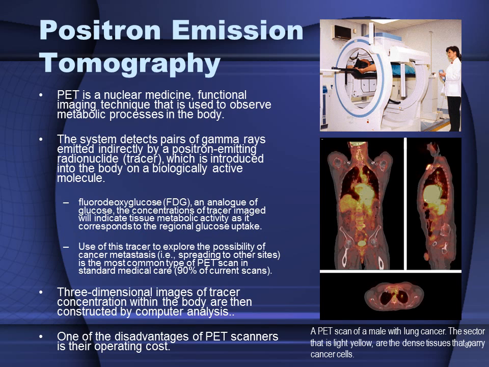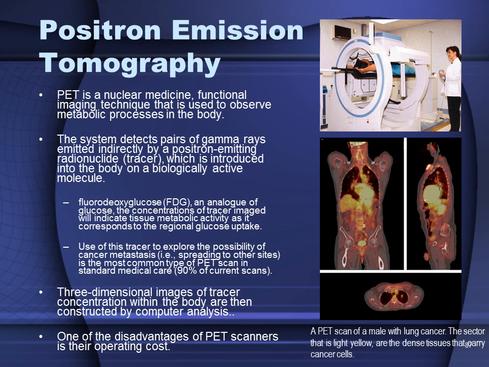Here are some images obtained from a PET scan of a male patient with lung cancer, and the cancer cells have an increased rate of metabolism of the radionucleotide or tracer, and they show up very bright on the film.